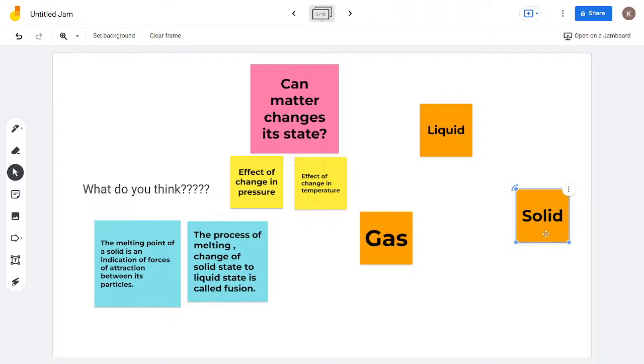We convert solid to liquid by fusion and liquid to gas by vaporization.